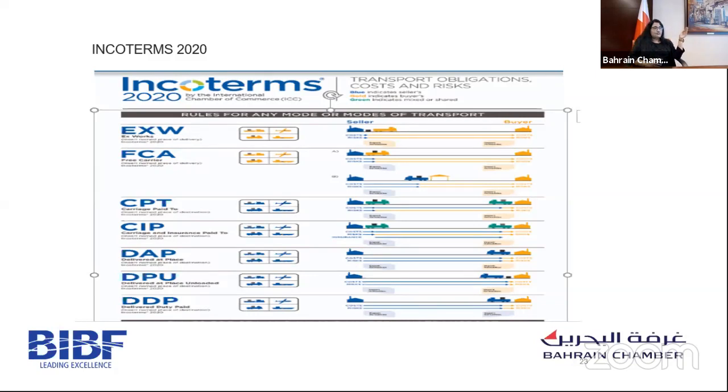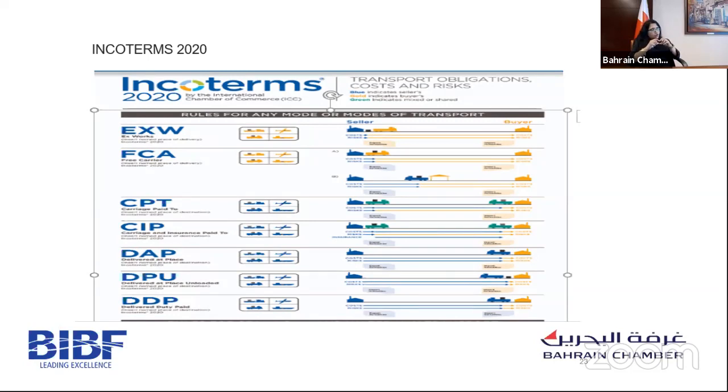If Alba has a contract to ship the product from Bahrain to UK, first Alba has to arrange local transport from their warehouse. The goods have to be transported to Mina Salman port. From Mina Salman port, it has to go to Heathrow, or Southampton, whichever port is agreed between the parties.